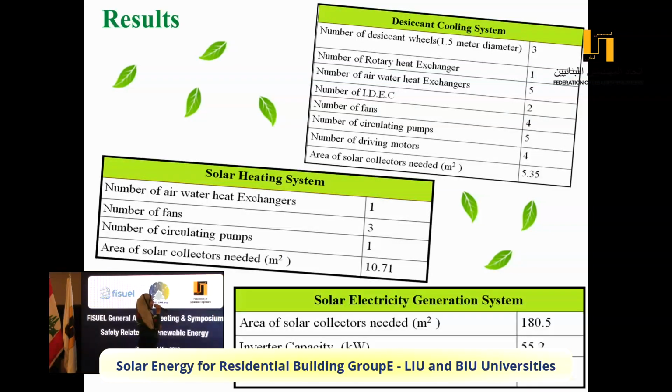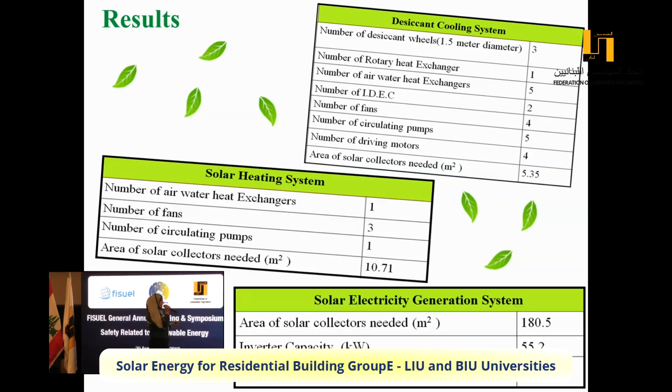As a result, for the desiccant cooling system to offer the 27 kilowatts that I calculated before, I need 3 desiccant wheels, 1 rotary heat exchanger, an air-water heat exchanger, indirect evaporative cooling, small fans, and pumps. The only rotating parts in my system are small motors, small fans, and small pumps, so this system doesn't need a lot of power.